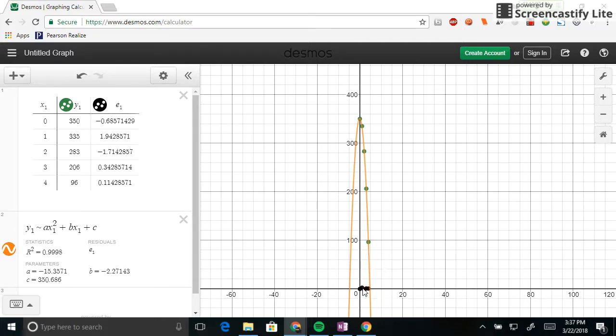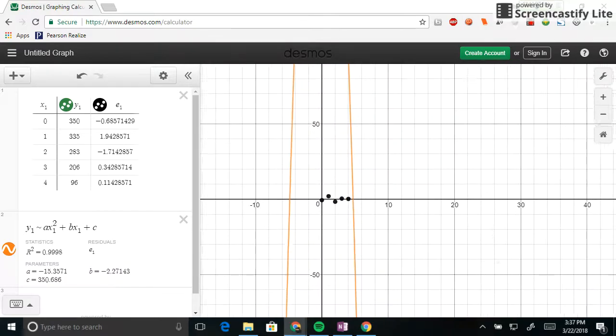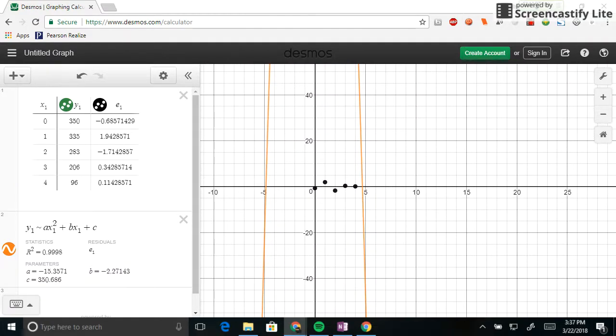If I enlarge that, you can see how you have some dots above and below the x-axis. So when I look at the residual, that's how I can tell that I have a good fit, because I have some above and some below the x-axis.